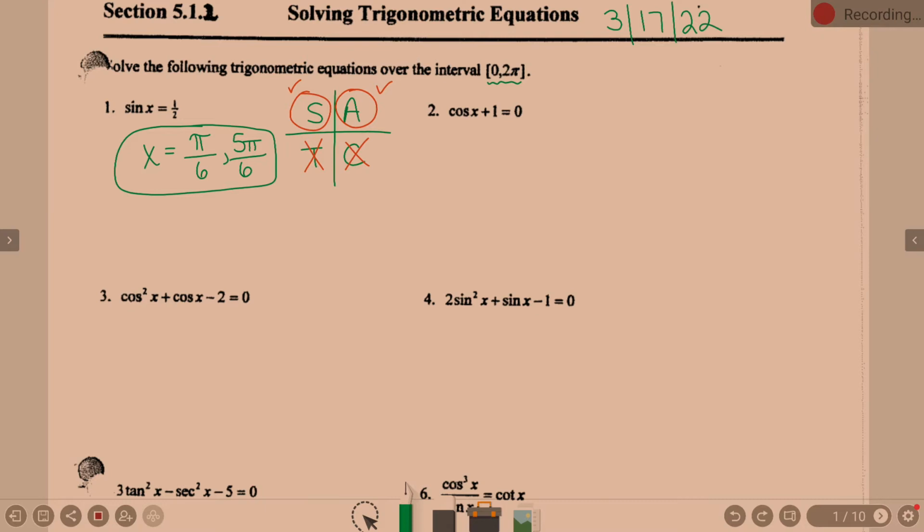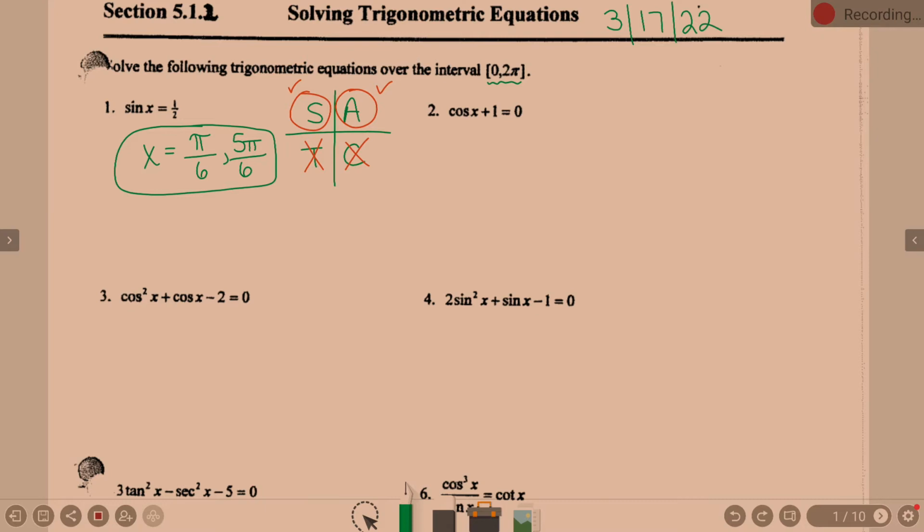Right here, I never wrote on this board this year, but here's pi over 6. We know we need quadrant 2, so what is pi over 6 up from the x-axis? That is 5 pi over 6. You can always get that by doing pi minus pi over 6, so 6 pi over 6 minus pi over 6.